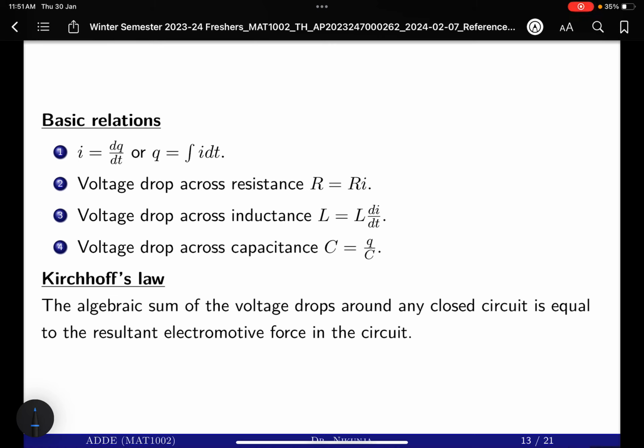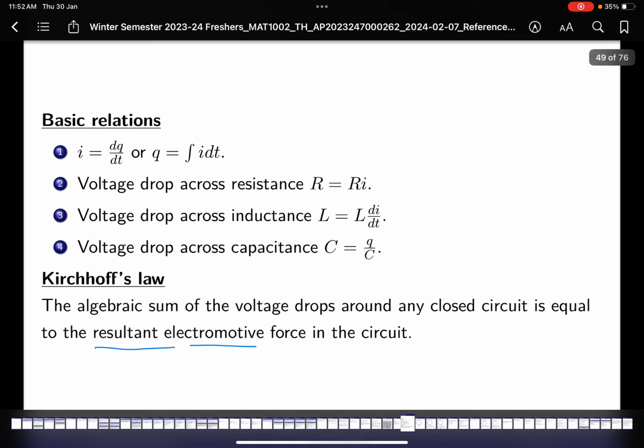You know that Kirchhoff's law for a closed circuit says the algebraic sum of the voltage drop around any closed circuit is equal to the resultant electromotive force in that circuit. So Kirchhoff's law directly leads to a differential equation of first order and linear type.